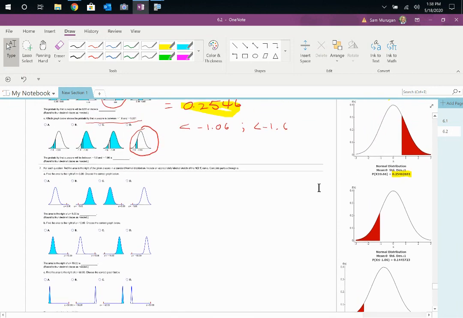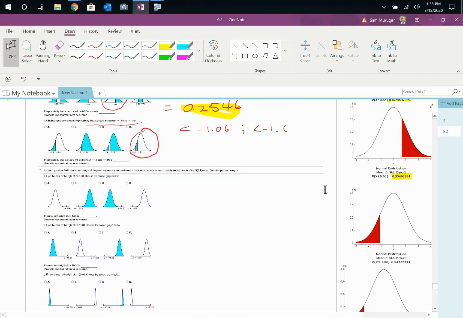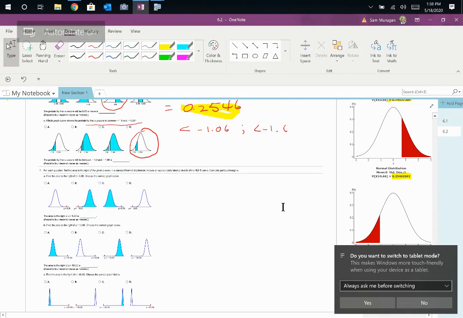So now I want to go ahead and subtract these two numbers.